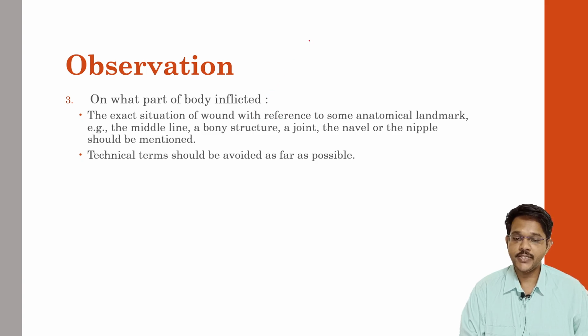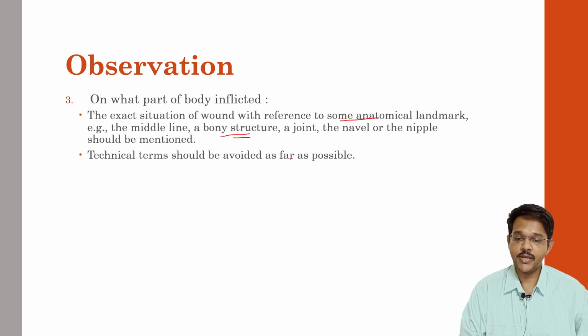So size and shape have to be measured in length and breadth. If it is a stab wound, the depth has to be recorded, and the exact position on the body has to be noted with reference to anatomical landmarks like the midline, a bony structure, a joint, the navel or a nipple.